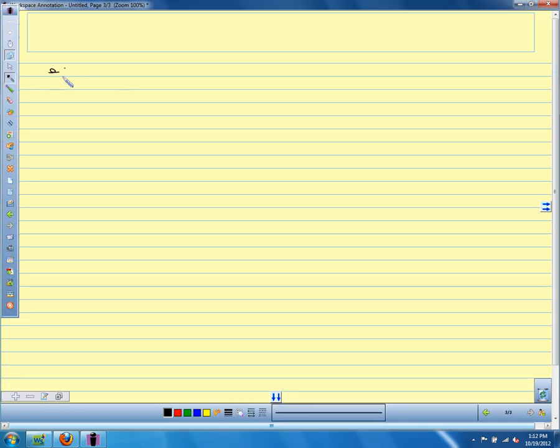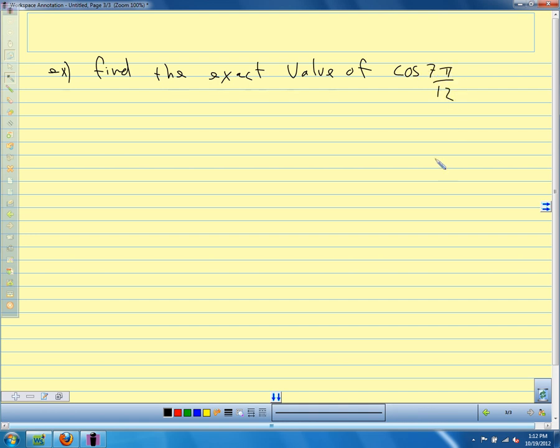So for this example, we want to find the exact value of the cosine of 7 pi over 12. The words exact value tell us that we're using the unit circle.